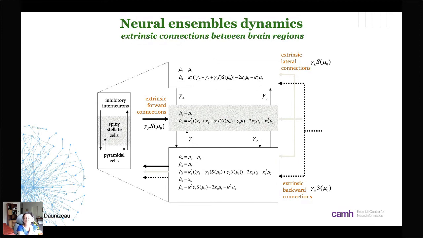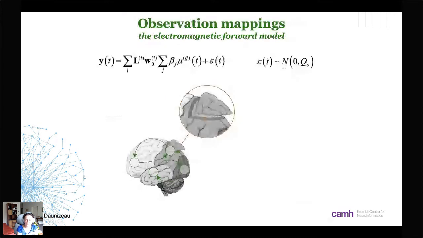How they differ from the Jansen and Rit models is that they contain distinct superficial and deep pyramidal cell populations that crucially might exhibit different spectral outputs and might be relevant for capturing the signal of interest.